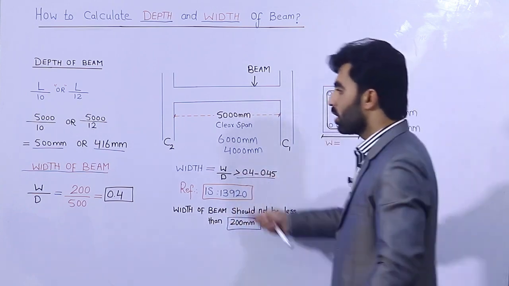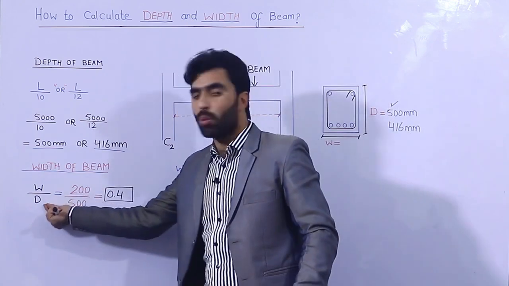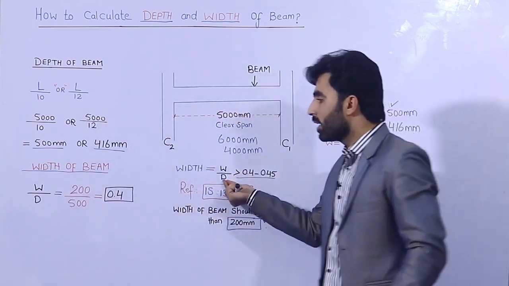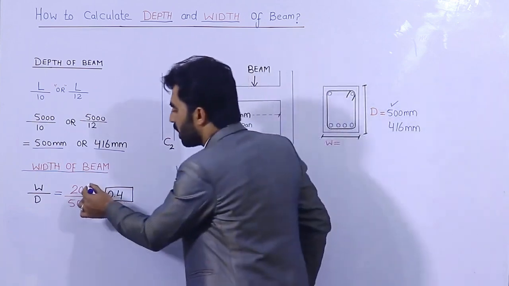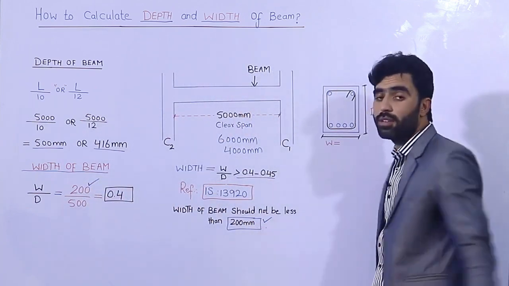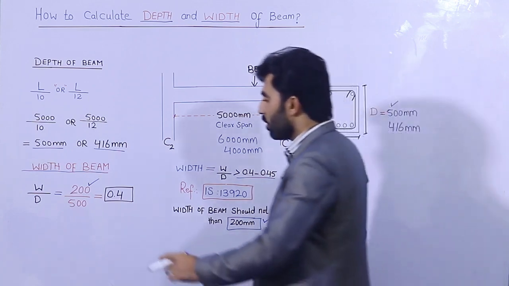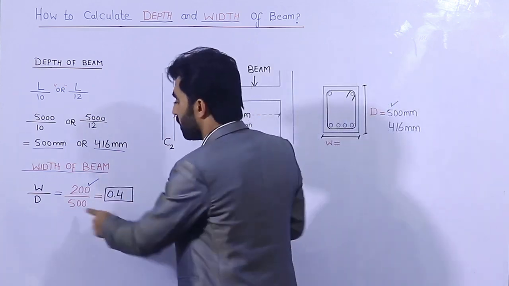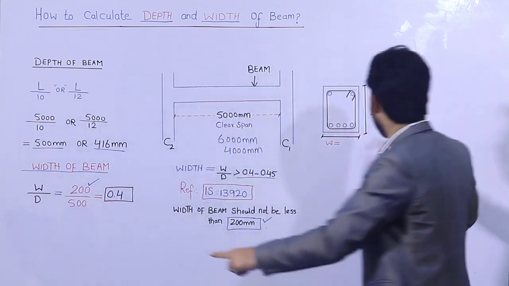So width divided by depth, as you can see here we have the formula. Suppose I am taking the minimum width, which is 200 mm, from the reference of the IS code. So 200 divided by 500, because the depth of the beam is 500.